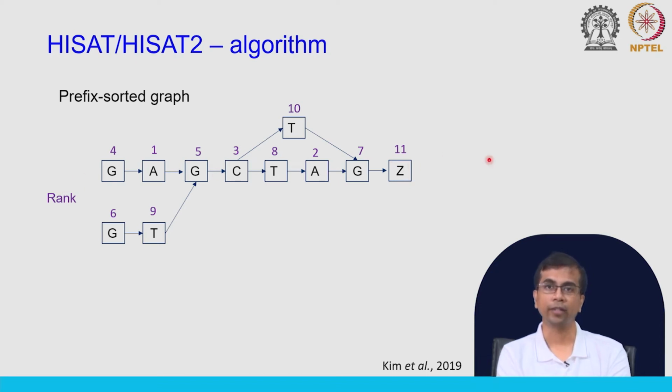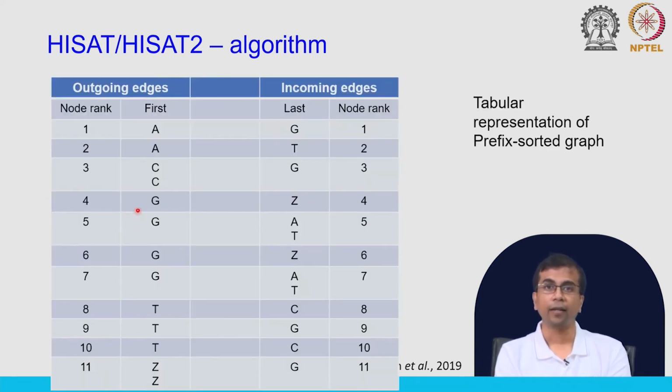You can imagine these outgoing edges; these are not actual ones, but because these are ends, it means we are connected to the start. G is the first letter of these strings. So, this Z is connected to these 2 G's, and this completes the outgoing edges part.